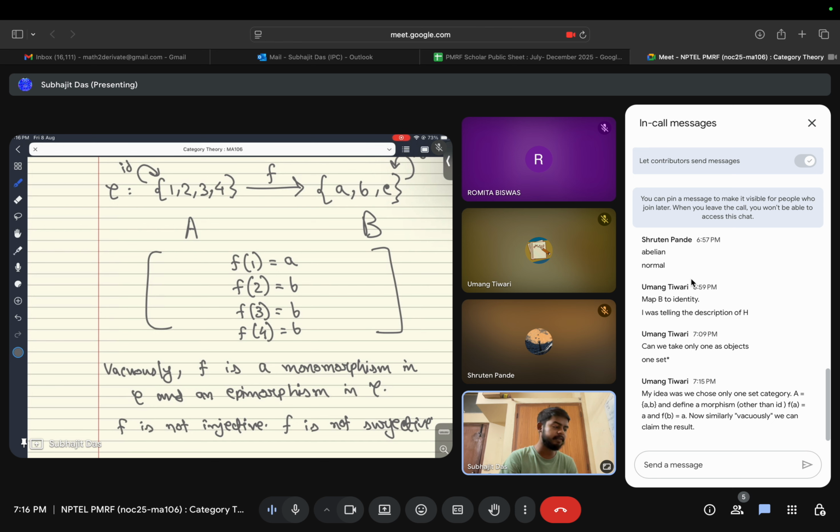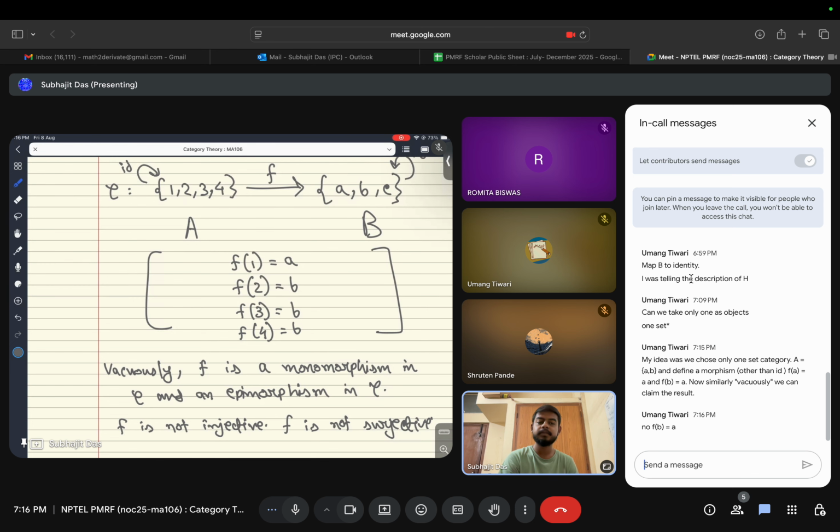But by the way, how is this a counterexample? This isn't a counterexample, right? Because this is a bijective map. F(B) equal to A. Oh, F(A) is equal to A and F(B) equal to A. Is it closed under composition?